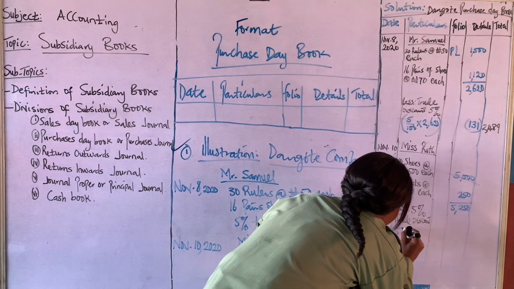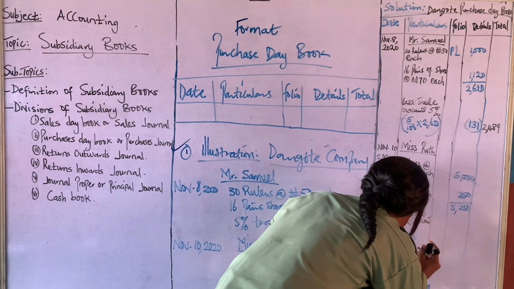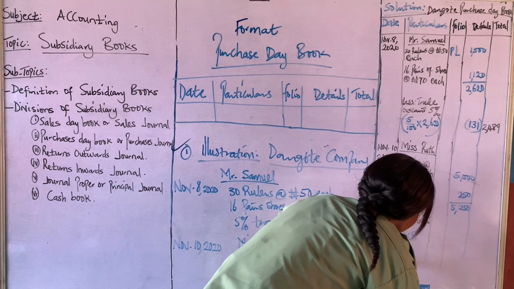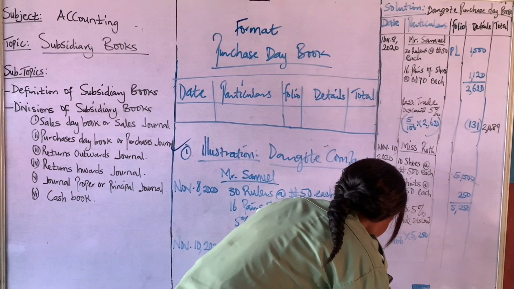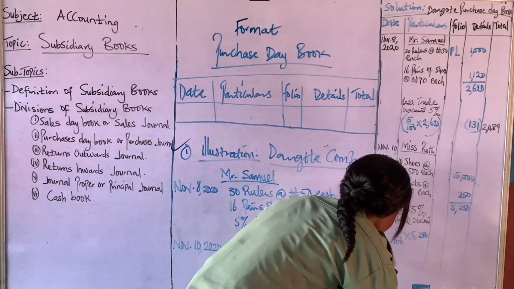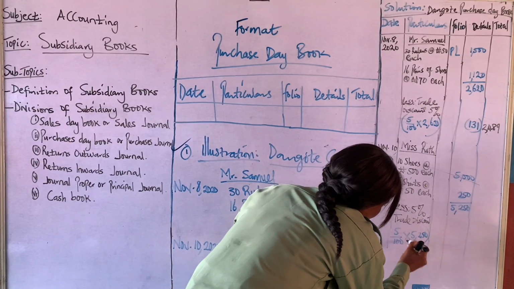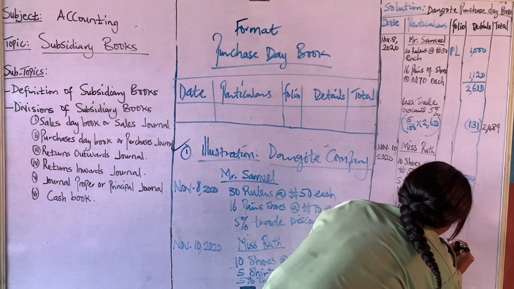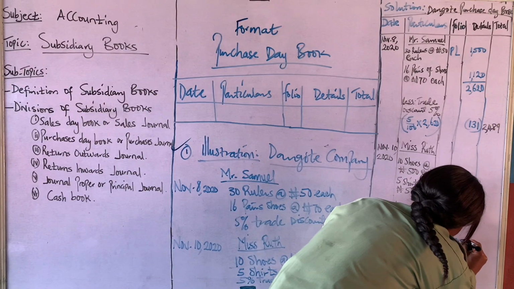Come here, say 5 divided by 100. That's 5% trade discount times 5,250 naira. When you multiply it by the 5% trade discount that was given, you have here 262 naira 50 kobo.